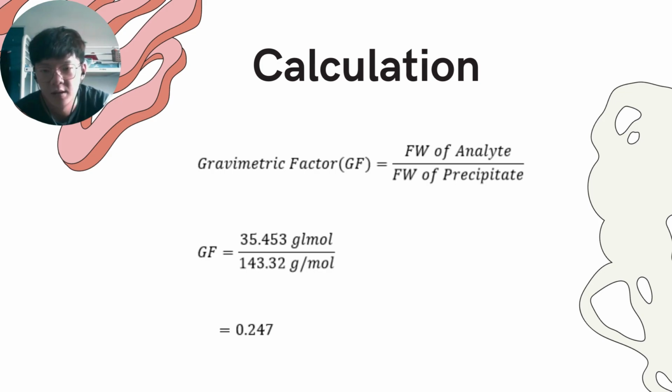Here, 35.453 grams per mole is the molar mass of the chloride, and 143.32 is the molar mass for silver chloride. So the GF that we get is 0.247.